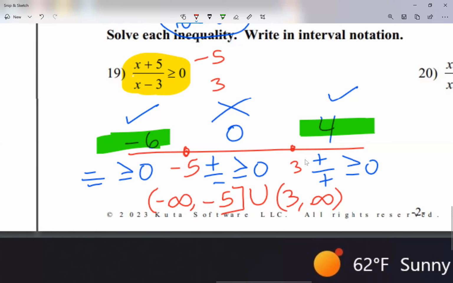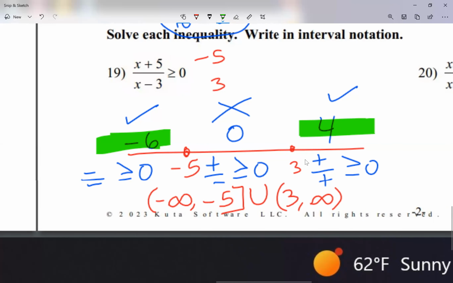Now, brackets will be used when our inequality symbol, let me highlight the symbol, has the or equal to part. So for our numbers, like the -5 or the +3, we're going to use a bracket when that thing has our or equal to part, but only for the number that makes the top equal to 0, not the bottom, okay?